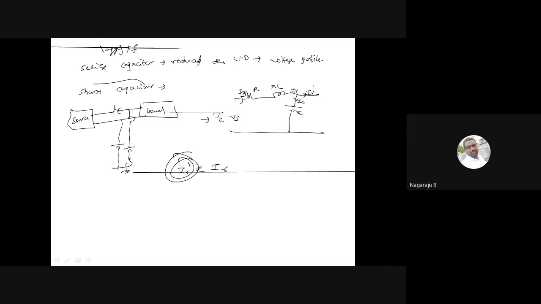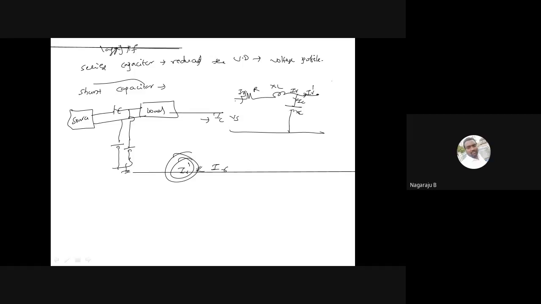Okay, so there is a drawback of these series and shunt capacitors. The major drawback is that the series capacitor produces high voltage across the capacitor terminals under short circuit conditions. The drop across the capacitor under faulted conditions is If times XC.